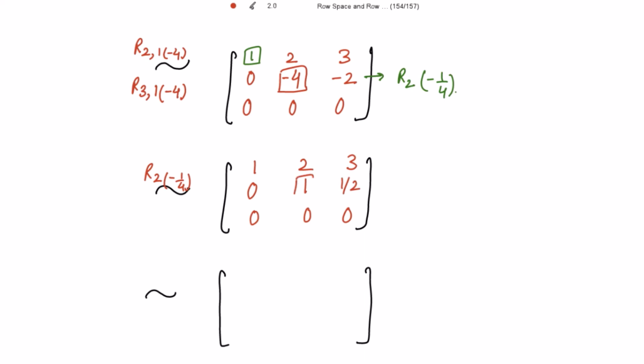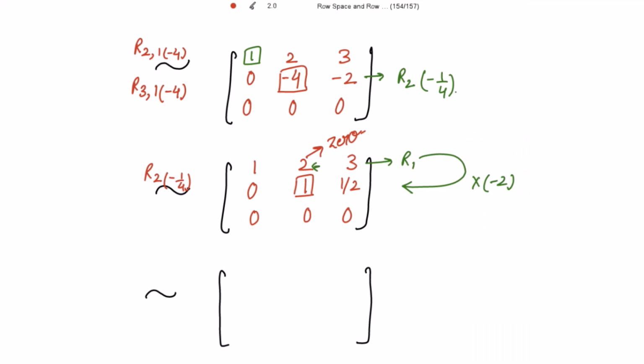To make this our leading element for the second row, we need to make this 0 now. For that, row 1 is changed by adding its elements to row 2, but row 2 should first be multiplied with minus 2 so that I can get 0 over here, right?